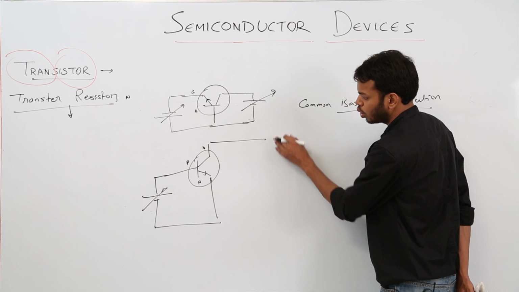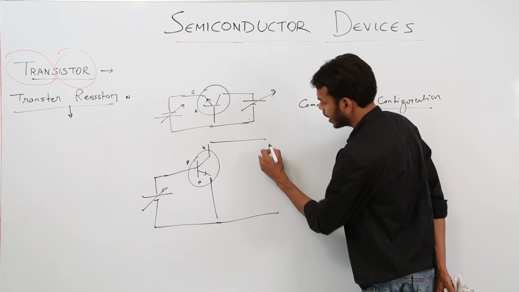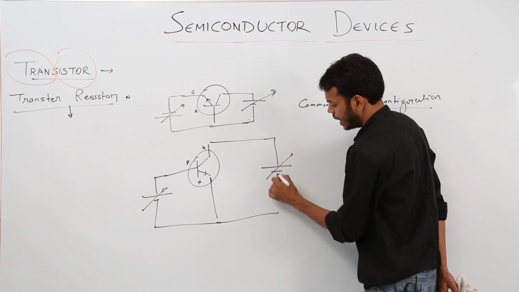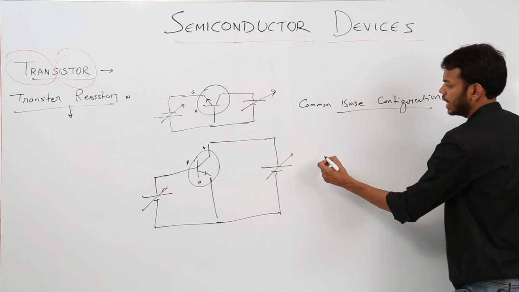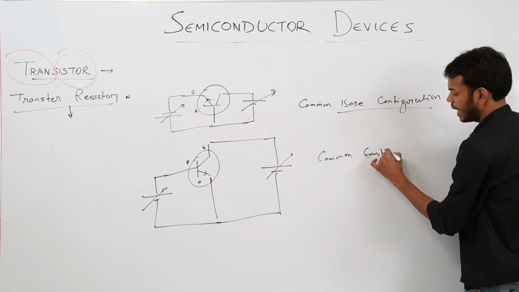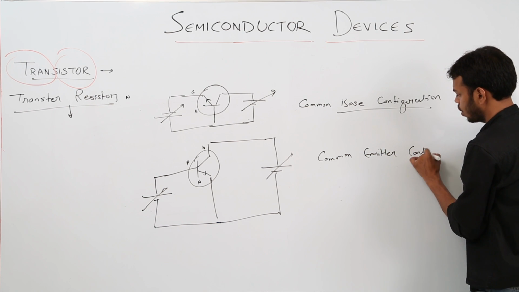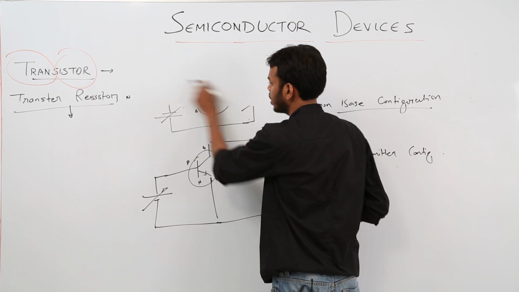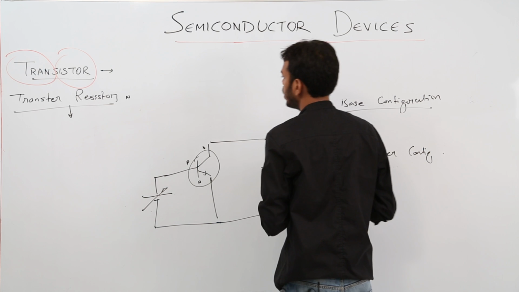Here both sides are negative, so you can make any combination, either positive or negative, it doesn't matter. And this is the common emitter configuration. Similarly, you can have a common collector configuration by doing what?